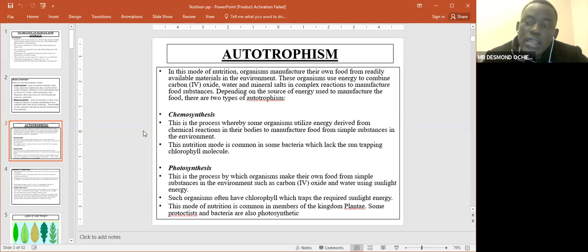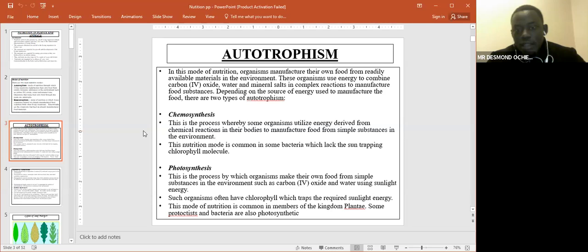So because the bacteria do not have chloroplasts, they acquire the energy from chemical reactions. So it is the energy from the chemical reactions that they use to combine the locally available materials from the environment to manufacture food.